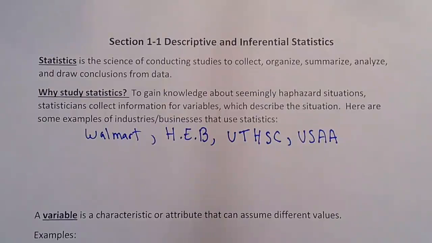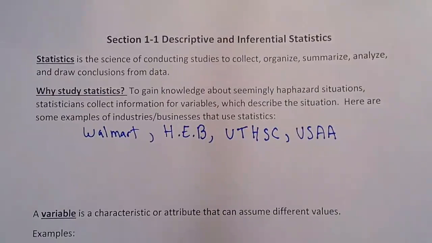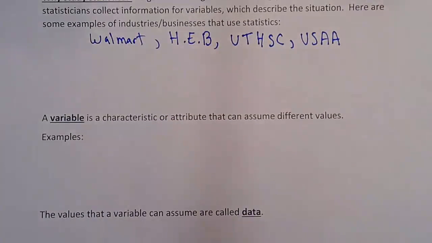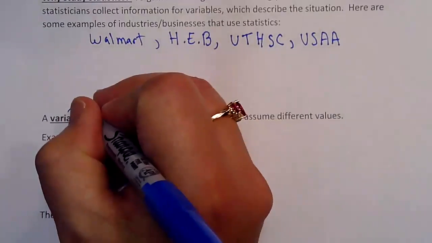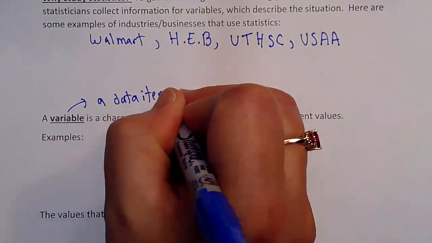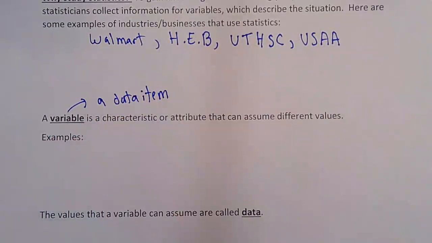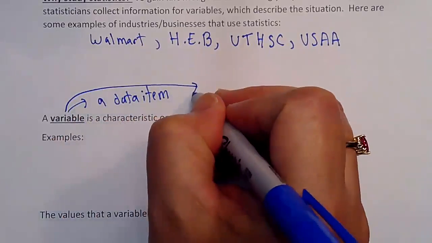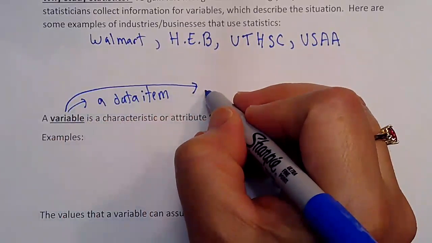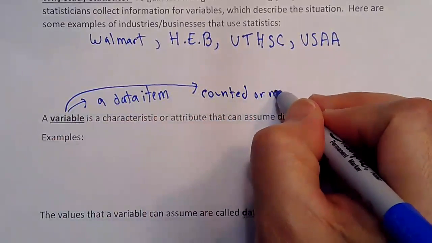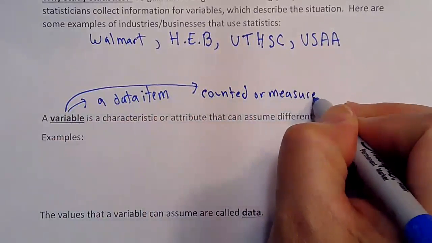A variable is a characteristic or attribute that can assume different values. I'm going to note that a variable can also be called a data item. Also, a variable can be counted or measured.